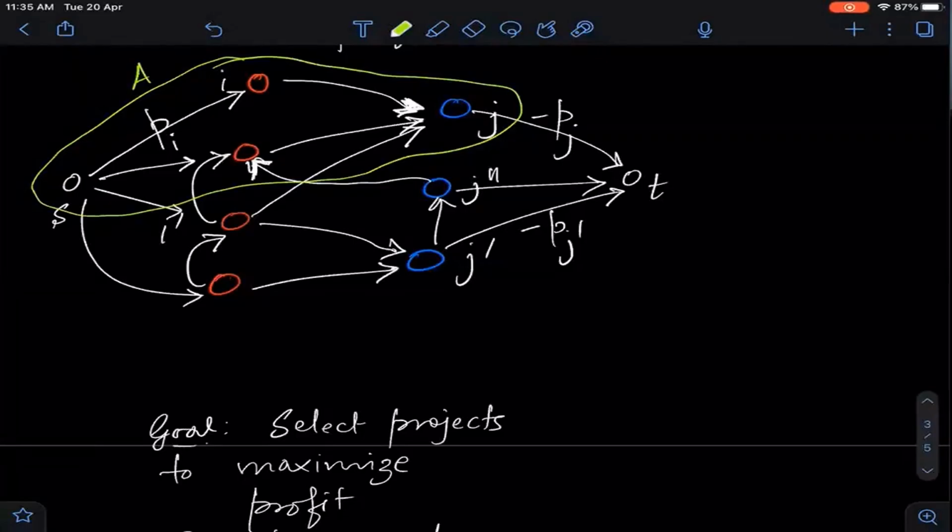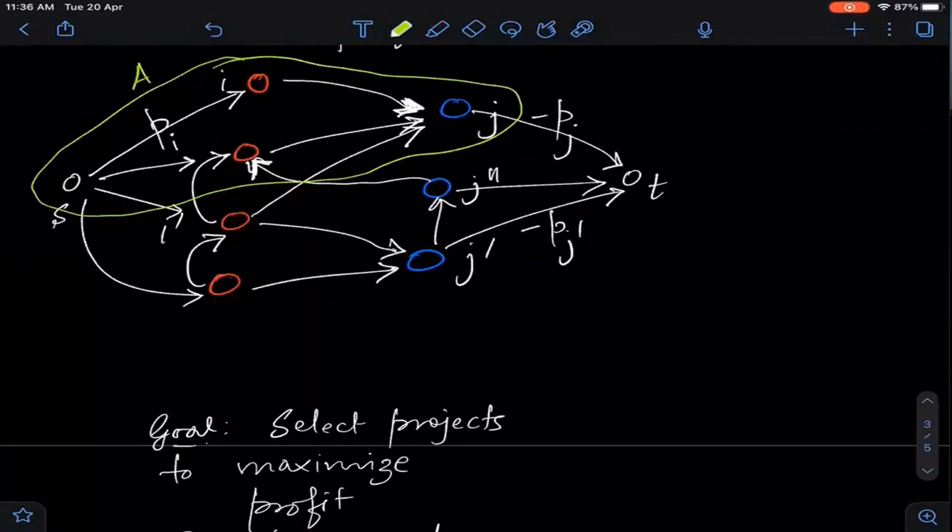This I cannot allow, because if that happens, then this is not a feasible solution. So if I want to use the min cut, and whatever my min cut A is should give me a feasible solution, then I should try to ensure that there is no dependency outside A.